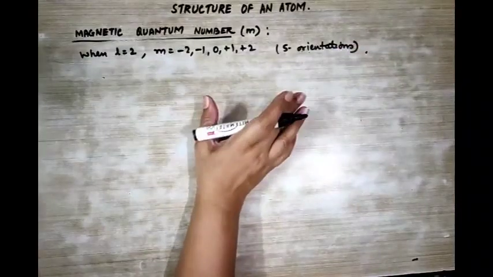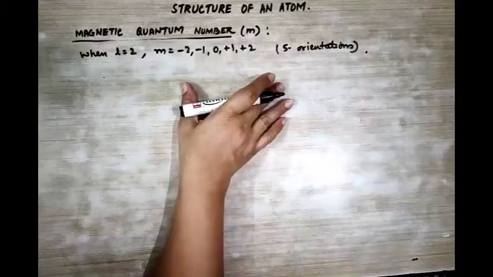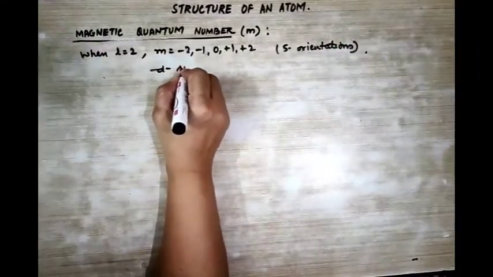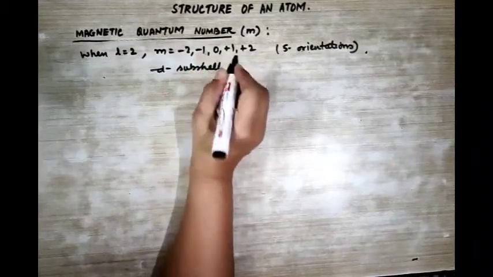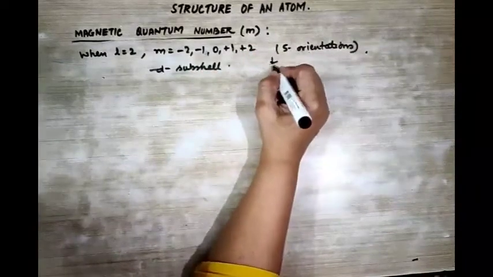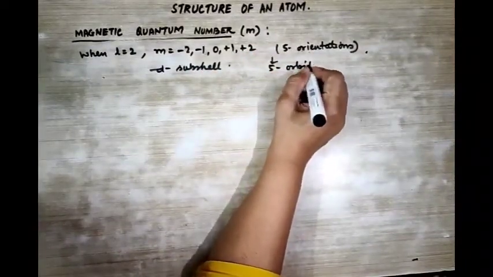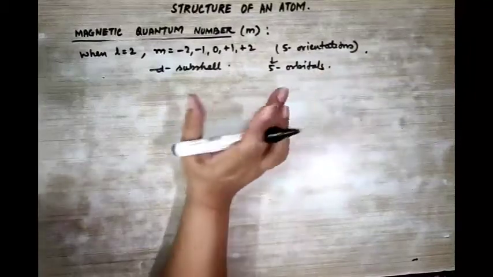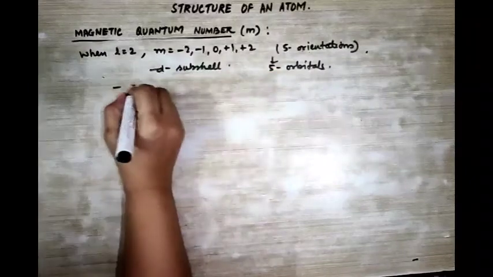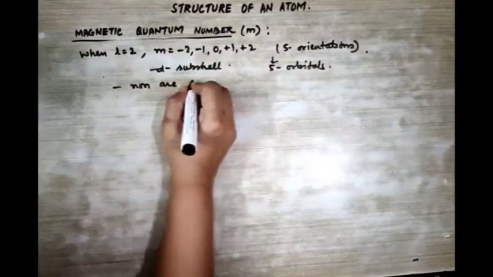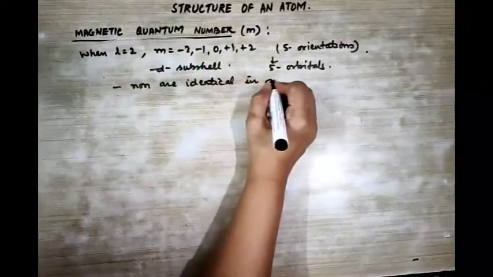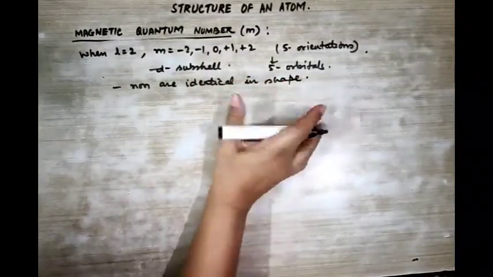So this means that the d subshell of any energy shell has 5 orientations, or in other words we can say they have 5 orbitals. Clear? All these 5 orbitals, none are identical in shape. This much you should remember.